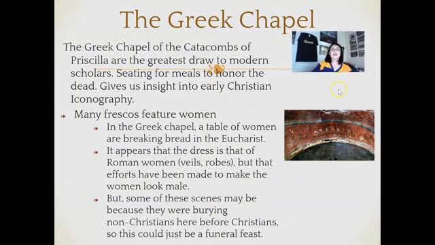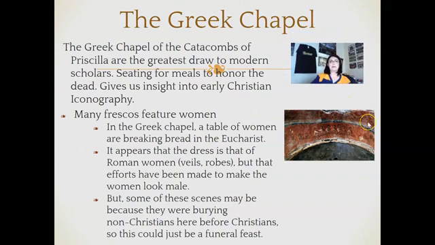So within the Catacombs of Priscilla, the most famous area is called the Greek Chapel. All right. And there is a lot going on in here that is hugely up for debate today. So inside the Greek Chapel, there are all these elaborate frescoes, and a lot of them feature what they believe are women.